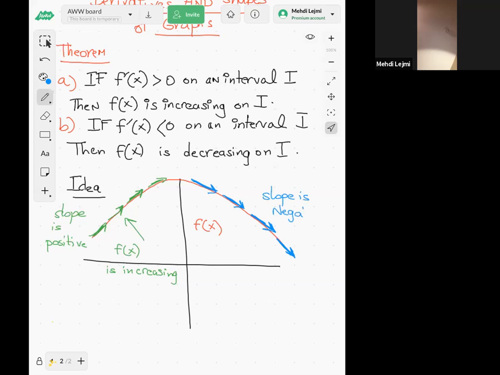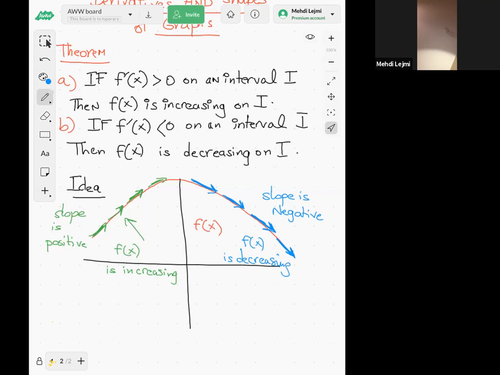The slope of the tangent line is negative, and that's where f of x is decreasing. So again, guys, keep in mind that the derivative is the slope of the tangent line to the function. If your derivative is positive, the slope is positive, so your function is increasing. And if your derivative is negative, the slope is negative, so your function is decreasing.